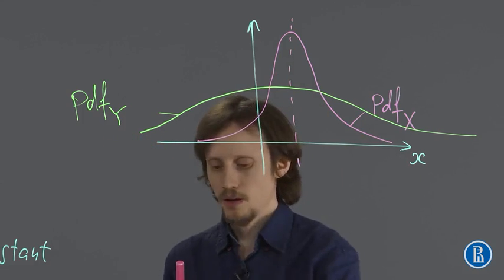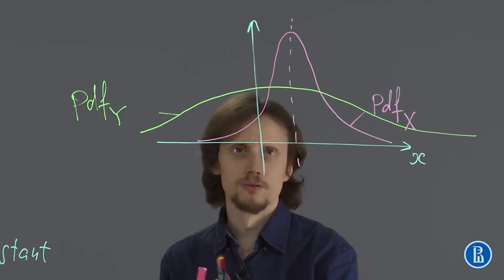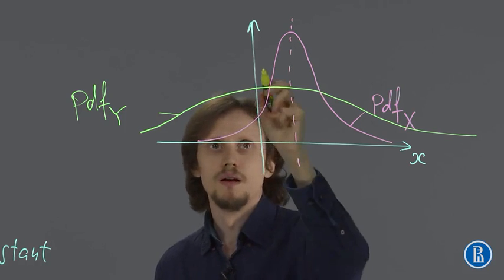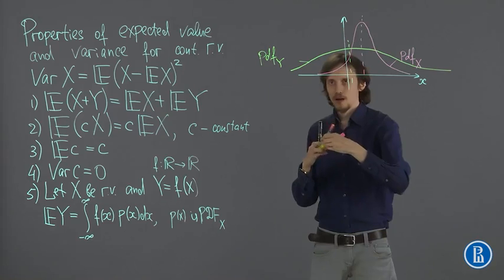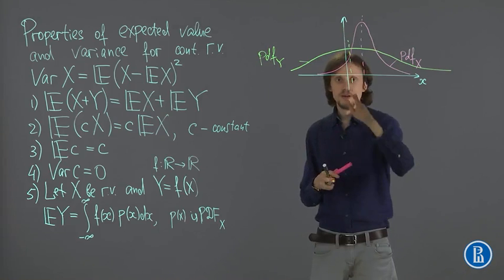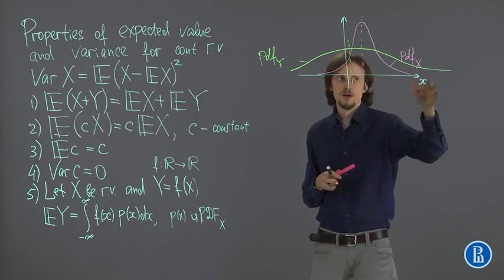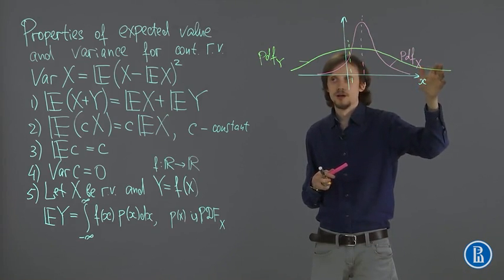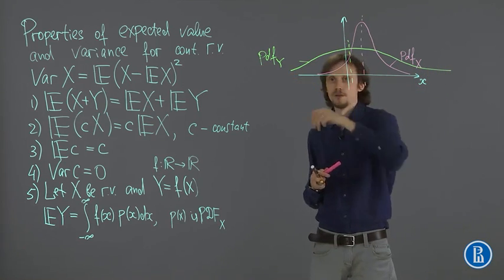But for y, we can draw the expected value somewhere in the middle, for example here. And now we see that even far from the expected value, we have some not so small probability to get the value of random variable y.